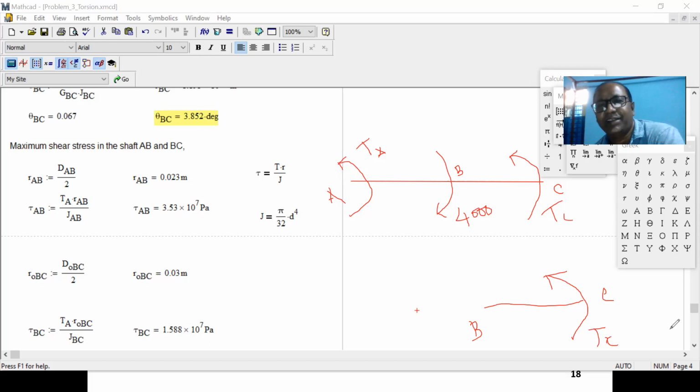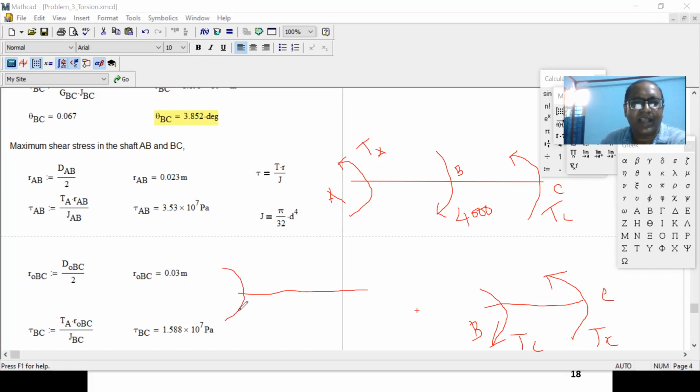Right? Then TB will be 0. So right over here, this is anti-clockwise. So I'll put clockwise TC right over here. Then at point B equal to TC, point C also TC. Both are the same, equal and opposite. That means balance.